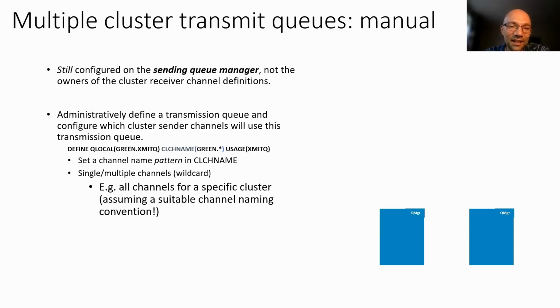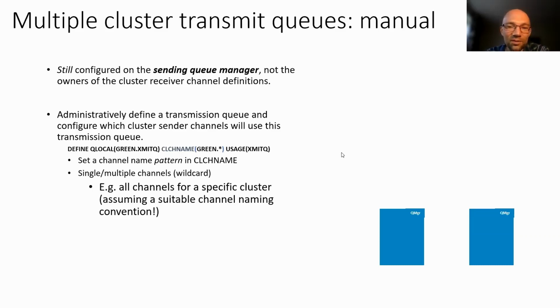And what that says is that any cluster channel that is started that matches the name specified in that attribute should use this transmission queue. And you can use wildcards there too. So multiple channels can use the same manually defined transmission queue.